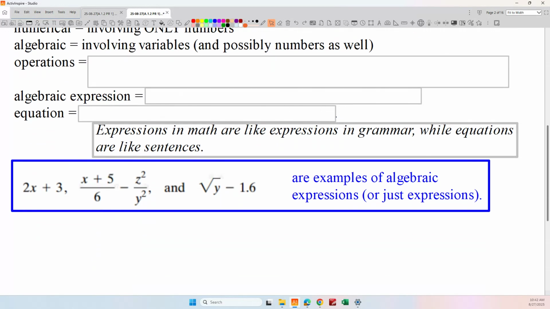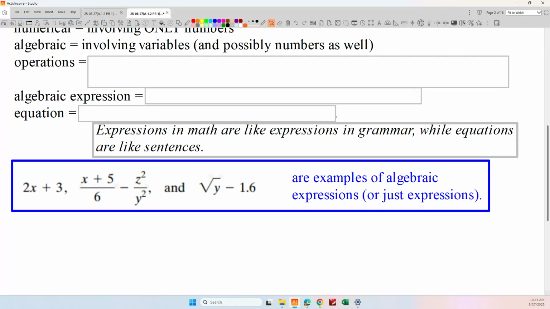In math, when we talk about operations, what do we mean? What's an example of an operation in math? Addition, right? We can add things. What's another one? Subtraction. Multiplication, division. Anything else? PEMDAS is order of operations. That tells us the order in which we do operations, and we'll talk about that soon.